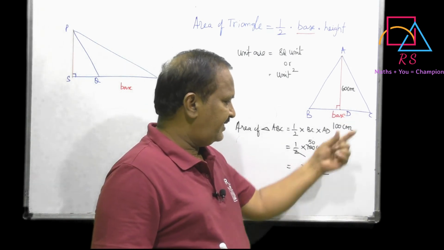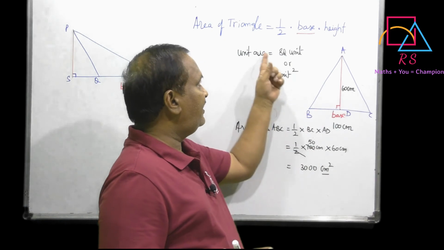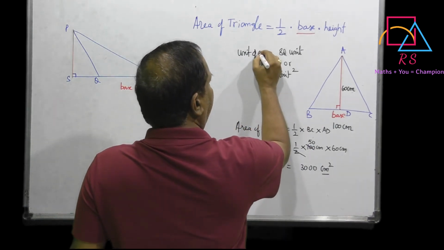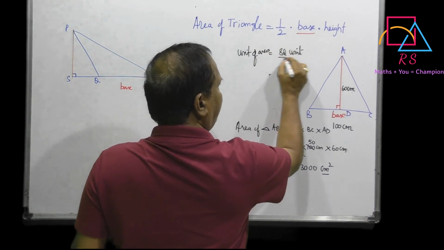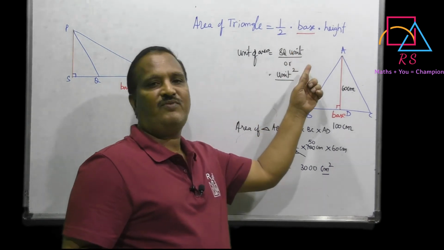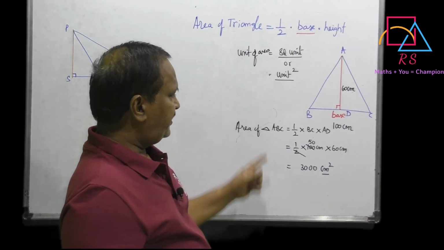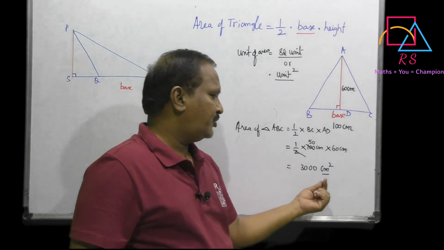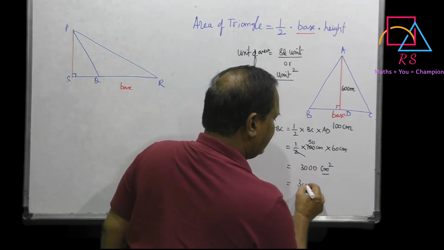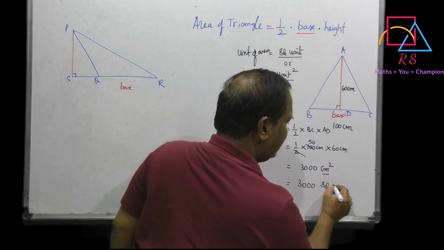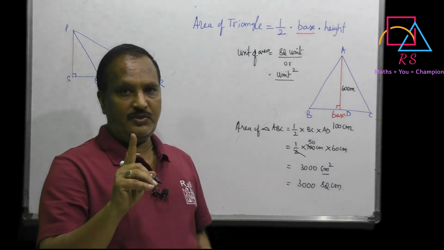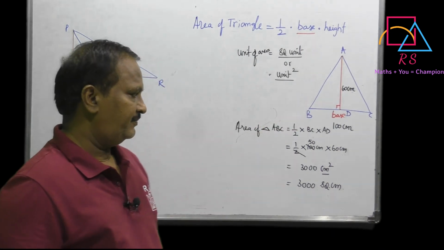Whatever the unit is there, that unit square will come. That's why generally unit of area is a square unit or unit square. Both are same. Very, very important. When you are writing the area, you should indicate the unit also. I will indicate in the other way also: 3000 square centimeter. So both are same. So this is the area of this figure.